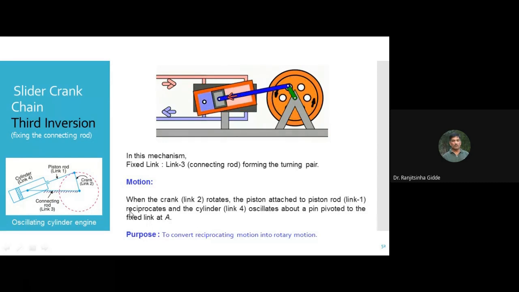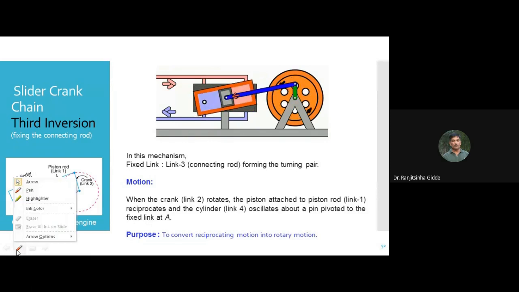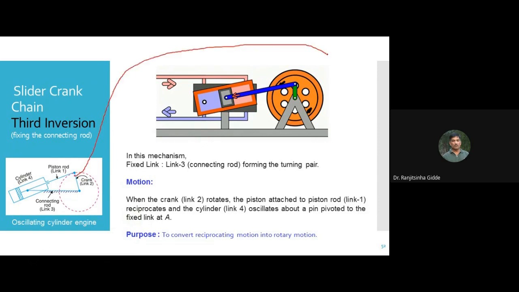Now let us see this. When crank 2 rotates, the connecting rod is fixed, so what should rotate? The crank. That means this is the crank. So this one is the crank. Then I will start the animation. This is the crank.